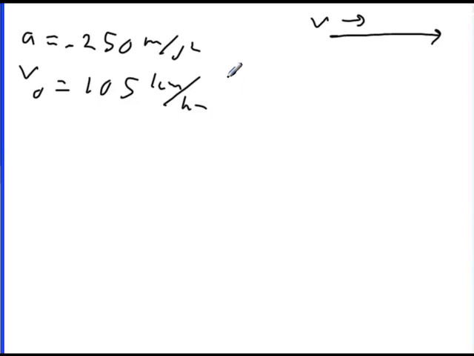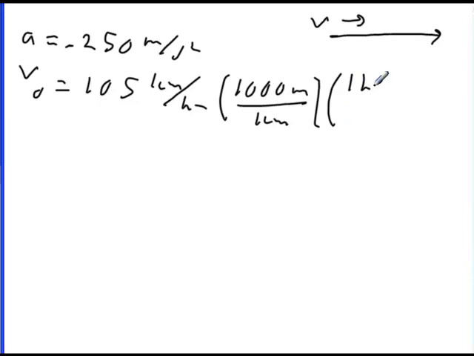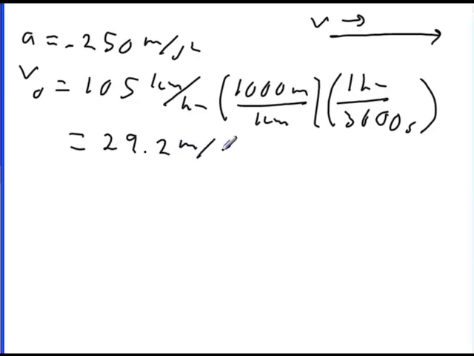Well, maybe we should convert that. So that's 1,000 meters per kilometer and 1 hour for every 3,600 seconds. Or in other words, 29.2 meters per second.